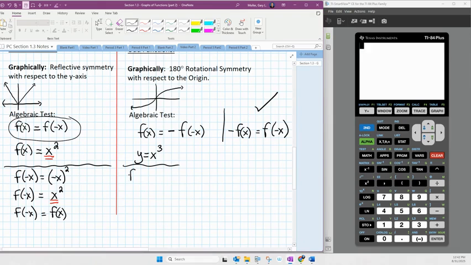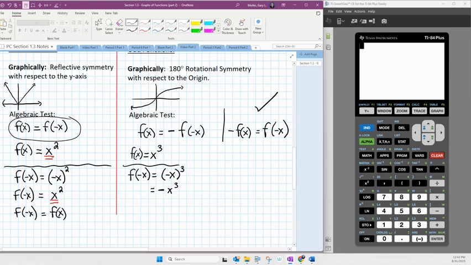So I'm going to take the function f and plug in negative x instead, which gives me negative x cubed. I'm going to simplify, and a negative cubed is negative, and then x cubed is x cubed.